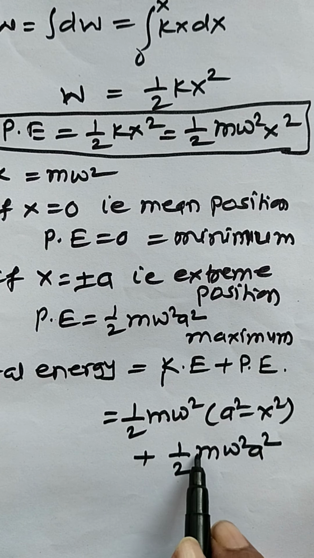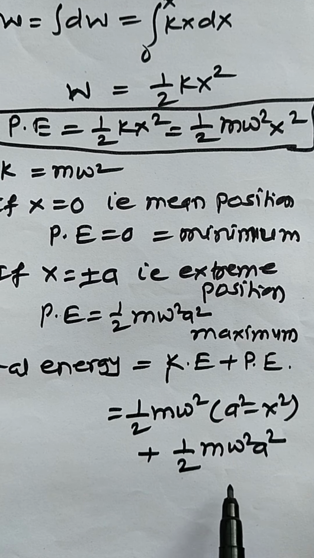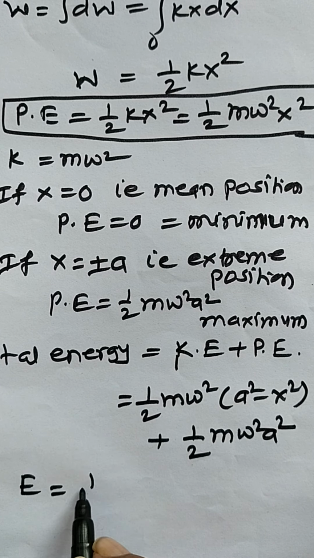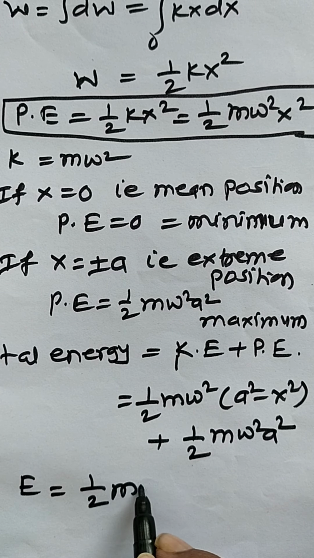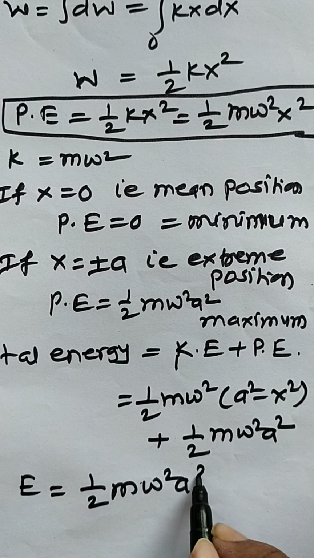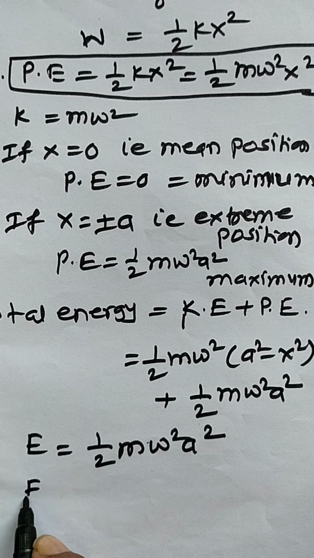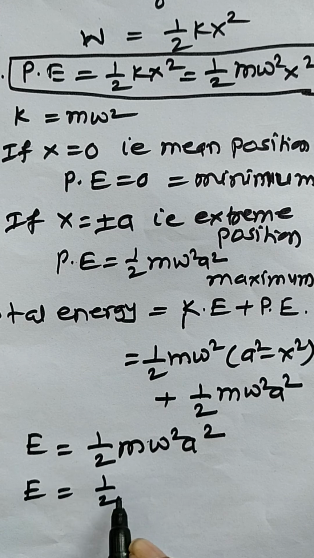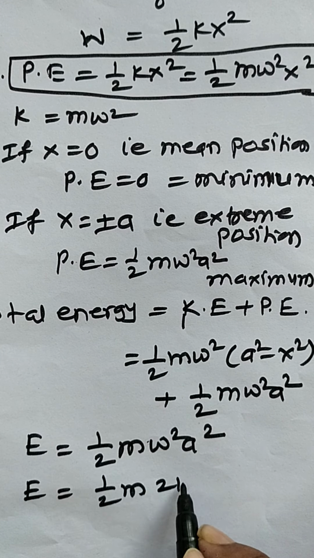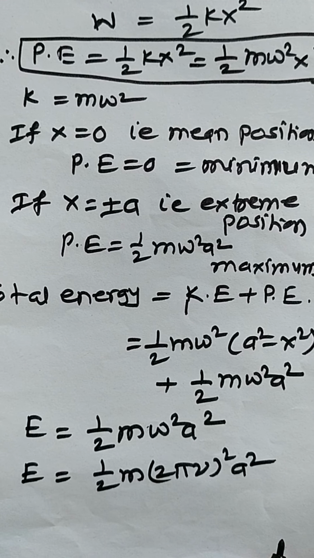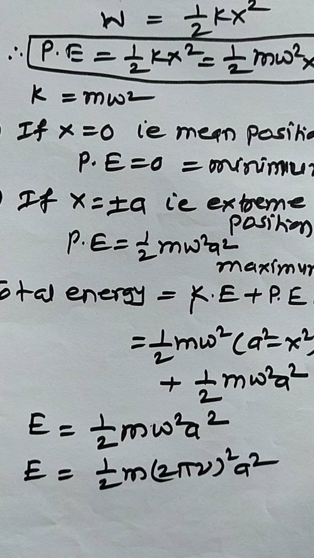So therefore we obtain E is equal to 1/2 m omega square a square. And when we put omega equal to 2 pi nu, E is equal to 1/2 m (2 pi nu) square a square.